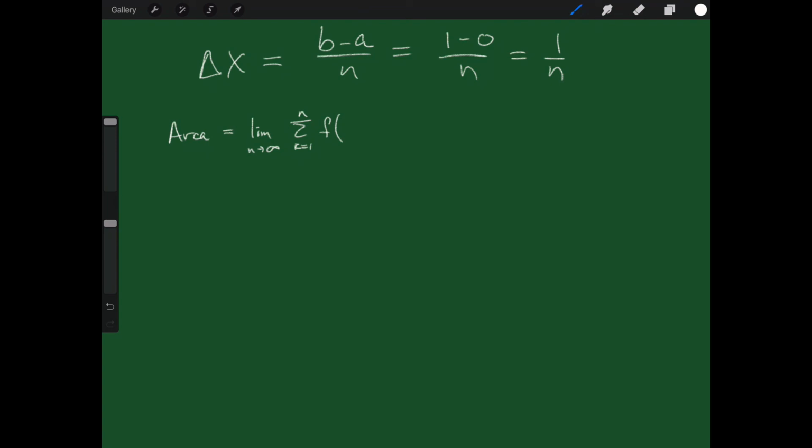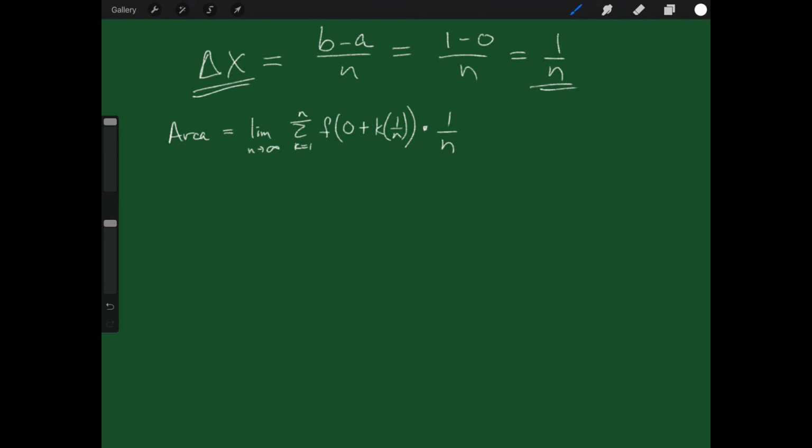What's a in this problem? We just said it's 0. So this is 0 plus k times delta x. But I just said delta x is 1 over n. So it's k times 1 over n, times delta x, which is 1 over n.